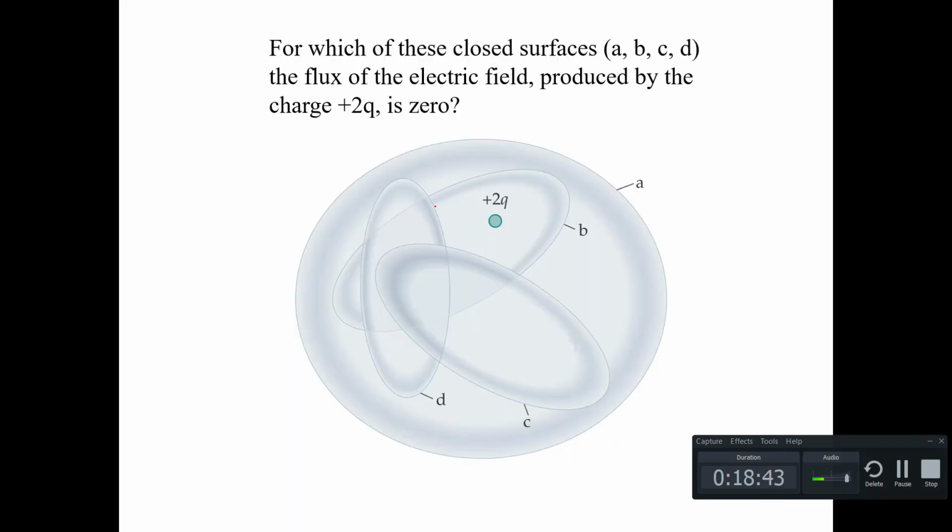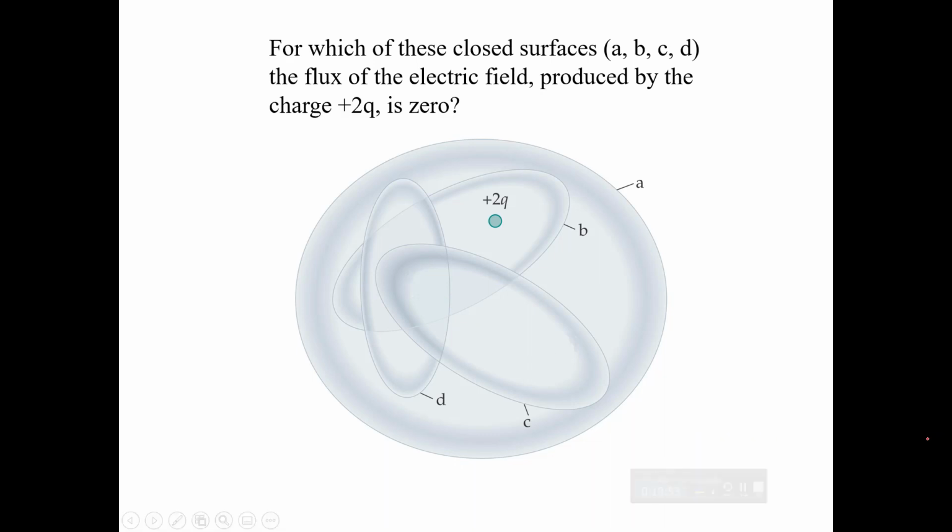Based on the previous slide, C has no enclosed charge, right? How about D? D also has no enclosed charge. A encloses plus 2Q, and B also encloses plus 2Q. So there is outward flux, because it is positive.